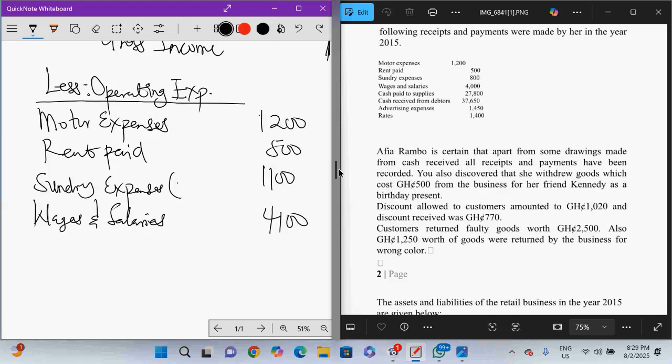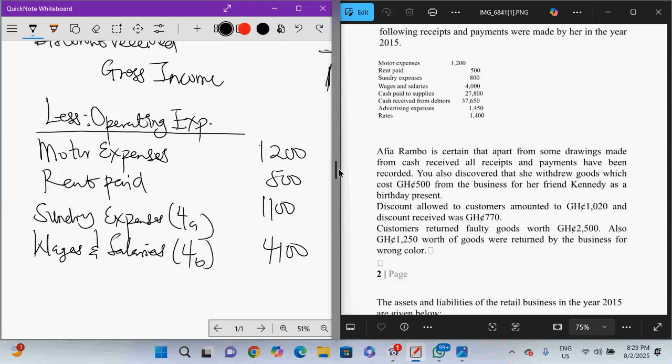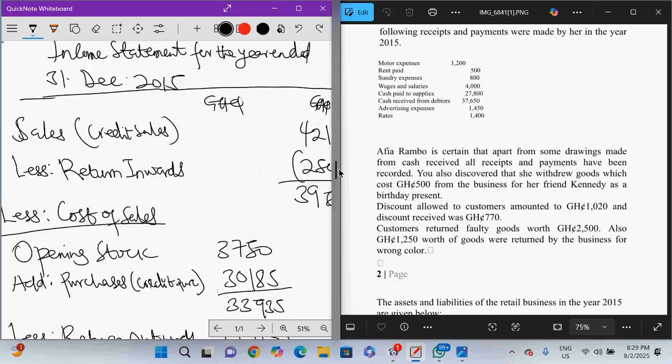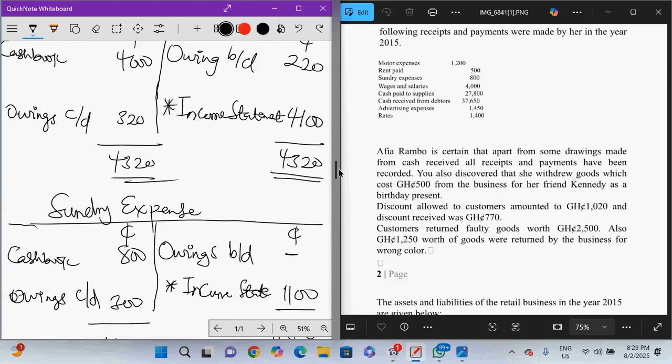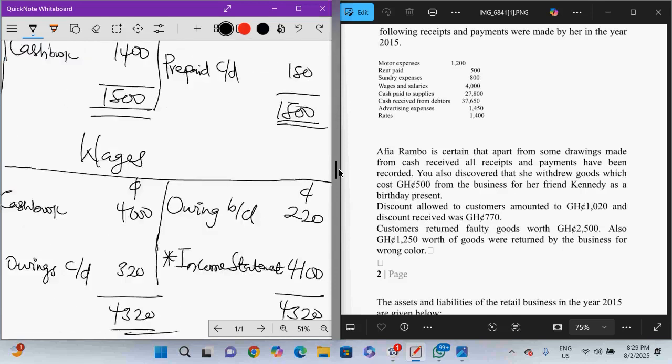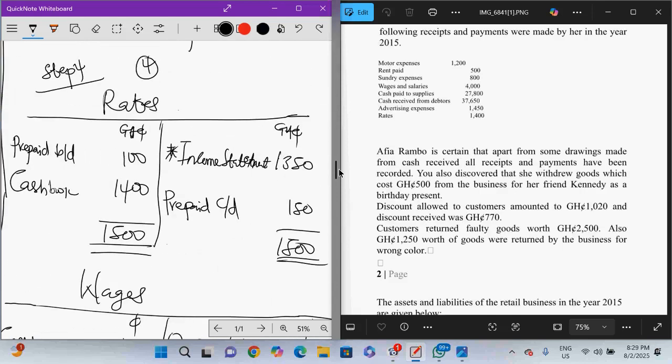So this one, let me name the workings 4A, 4B, 4C.